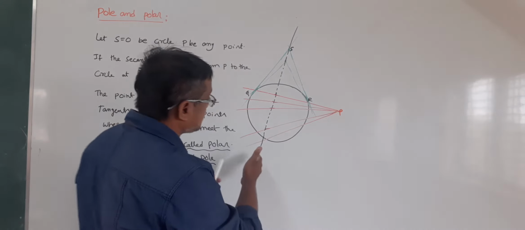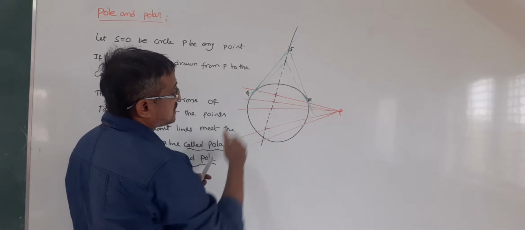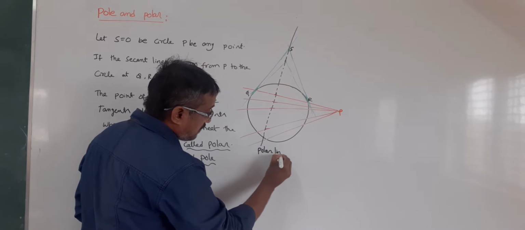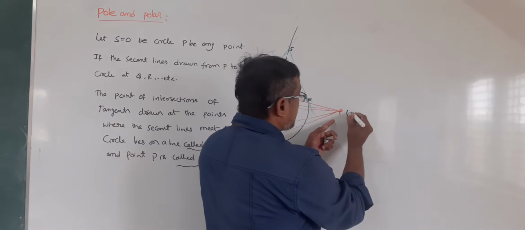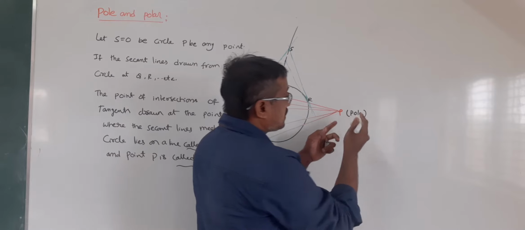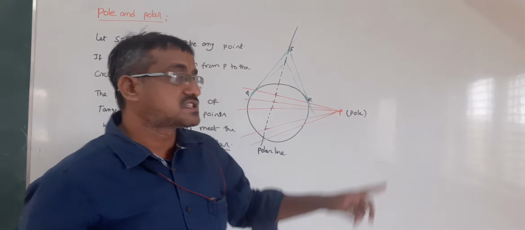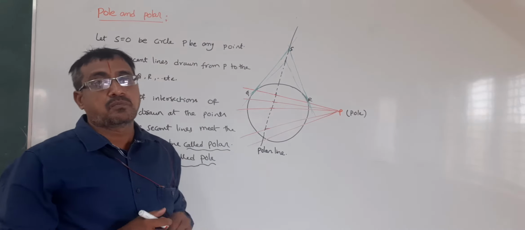Very, very important concept. And this point from which you have drawn secant lines is called the pole. This point is called the pole and this line is called the polar.